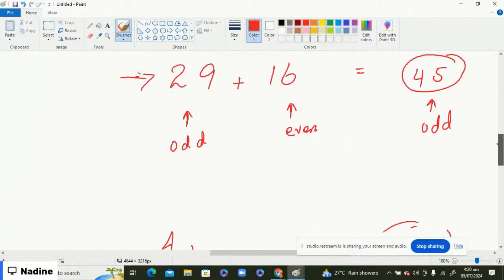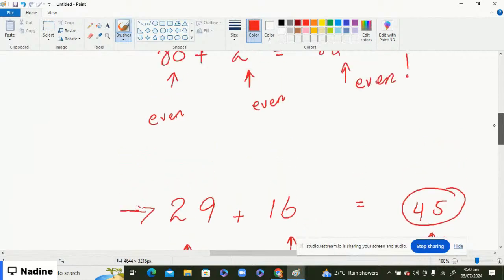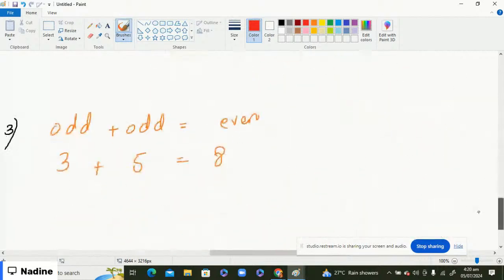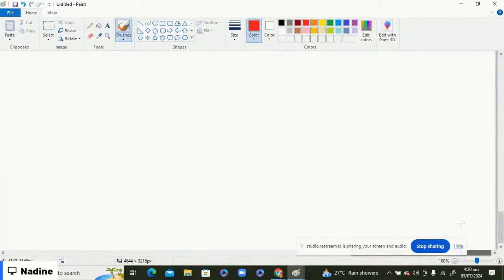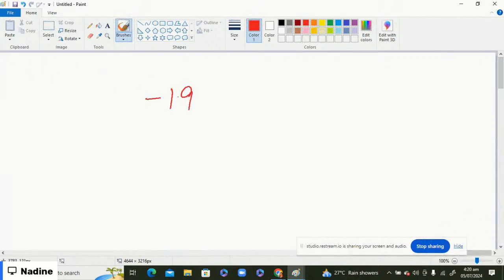Okay, for example, if I'm going to write something here, so there is minus 19. So minus 19 is which integer? Positive integer or negative integer? Everyone can tell me, please. Who can tell me the answer of this one?